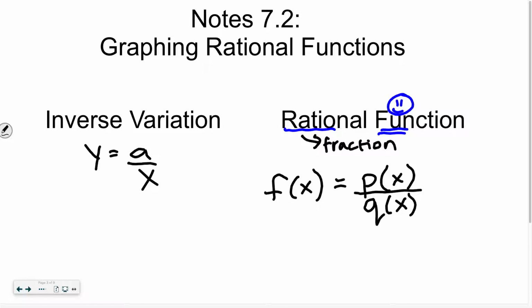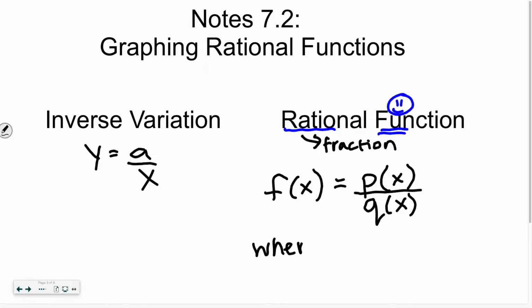Numerator and a denominator. Well, in the numerator and the denominator, I put more function notations. I called them p and q. So what it's saying is this is a function that's made up of a fraction of 2 other functions. So there's a function in the numerator and there's a function in the denominator.